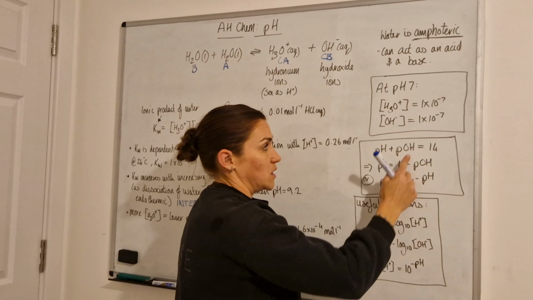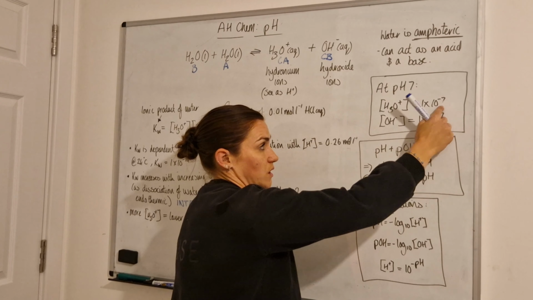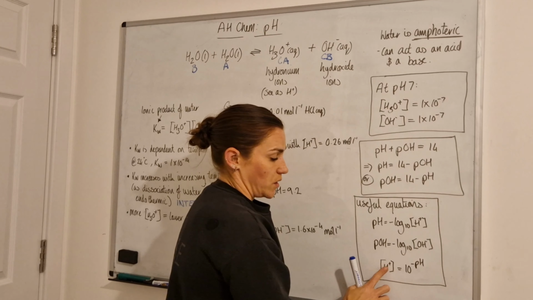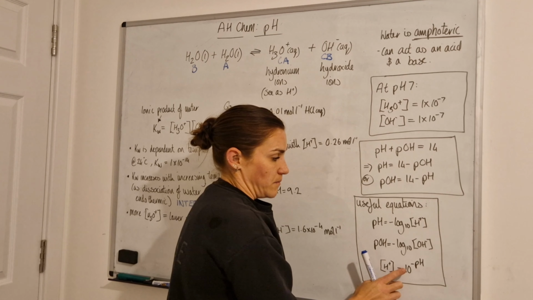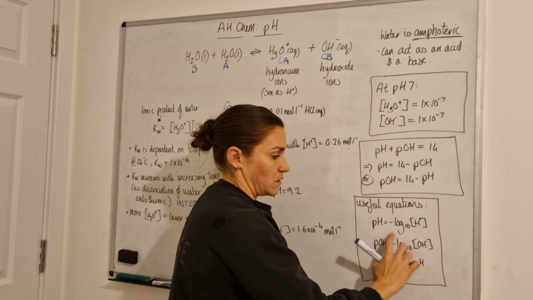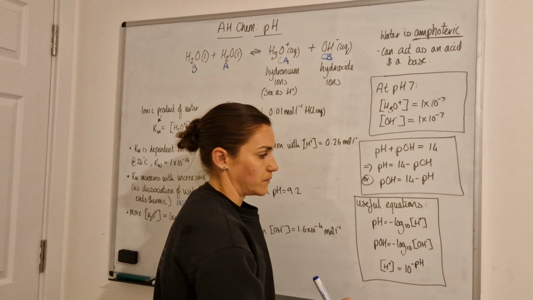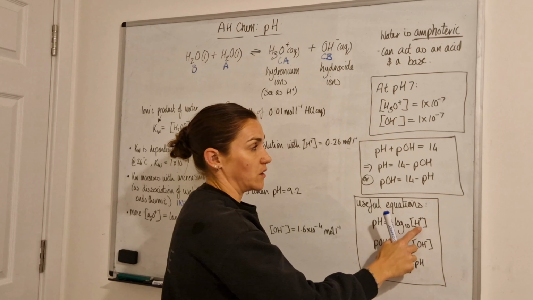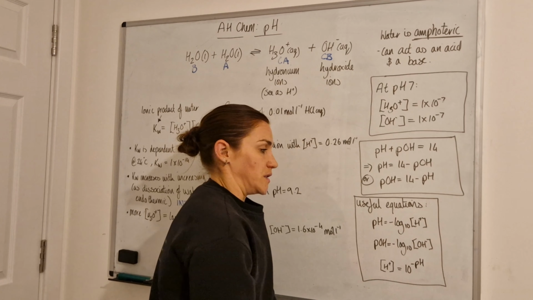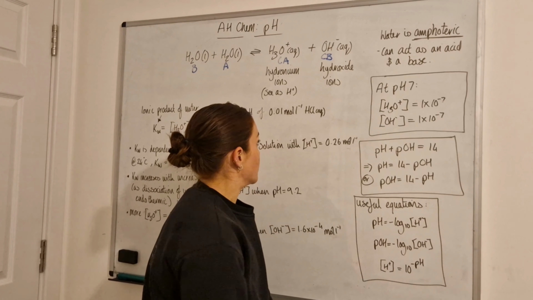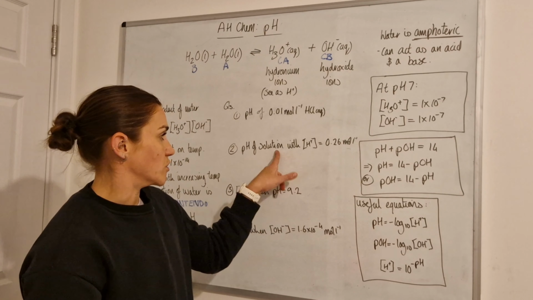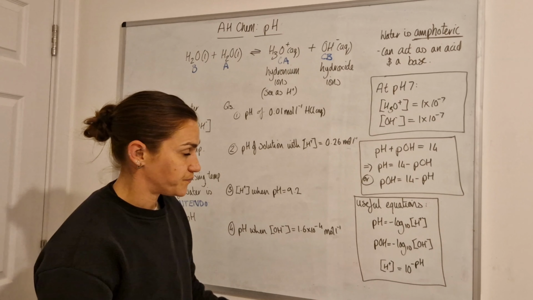That's only the case really if you've got a 1 here, like reading it off. If there was another number, you would have to use this equation here to work out, so you'd have to put the hydrogen ion concentration in there and plug the numbers in. But we're going to do a question like that in a minute anyway.